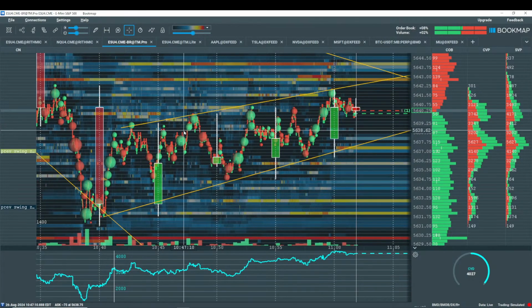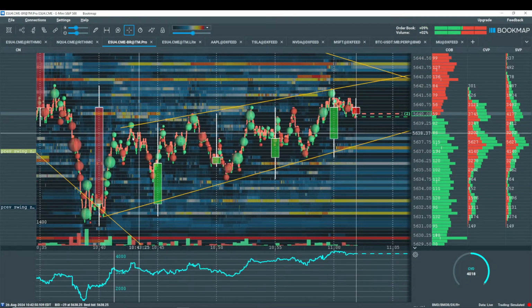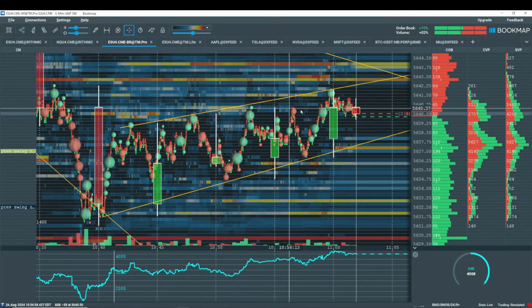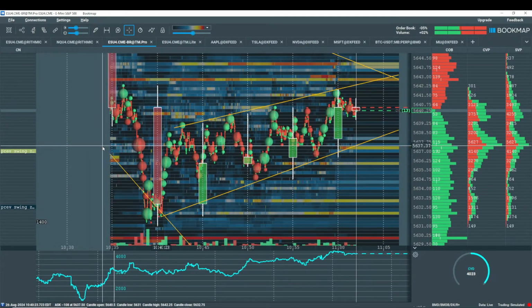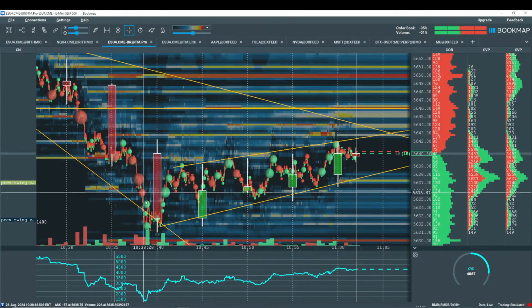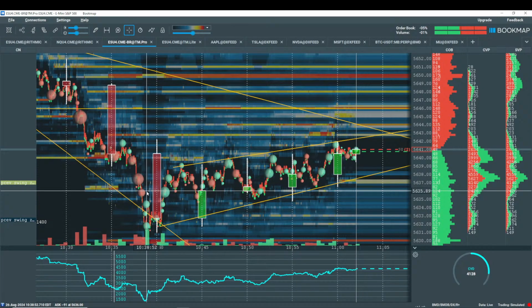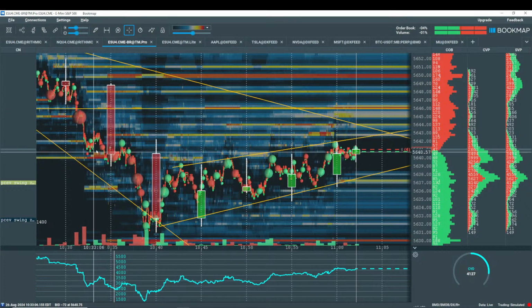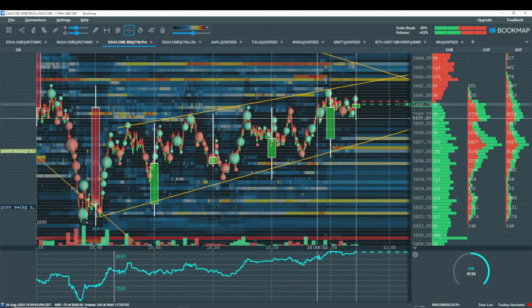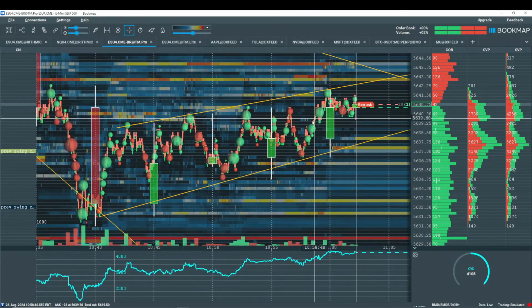Like right in here, look at this volume in this move here. It's not as compelling as the selling coming in. The selling was moving the market. The buyers in here are kind of struggling. That's the counter trend trade part.